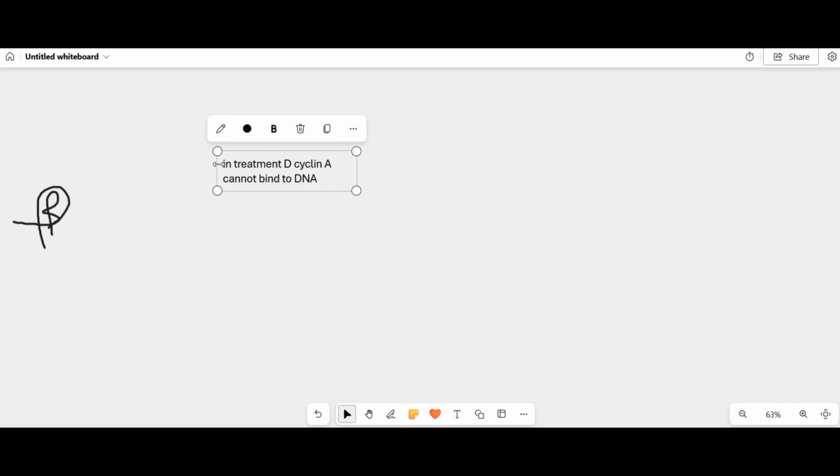Whereas in E, because that's what it literally tells you, there's an antibody that binds specifically to silin A. So if it's binding to silin A, it means that silin A can't bind to DNA. In treatment E, RNA is obviously going to be interfering with mRNA. If you don't know about this, it's in topic 4.